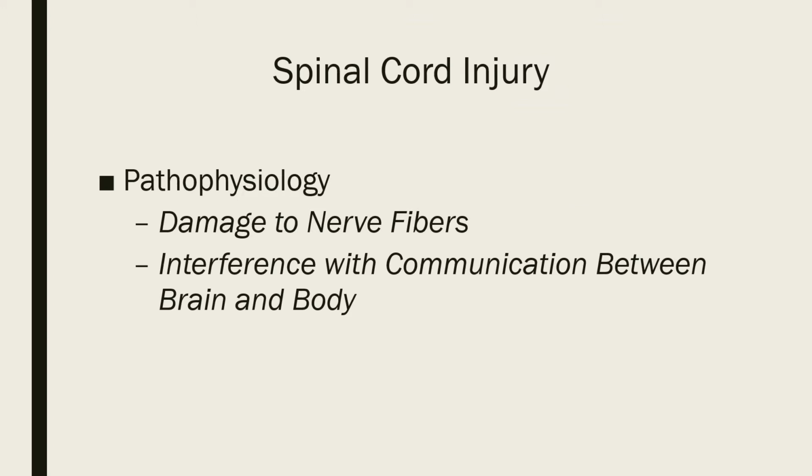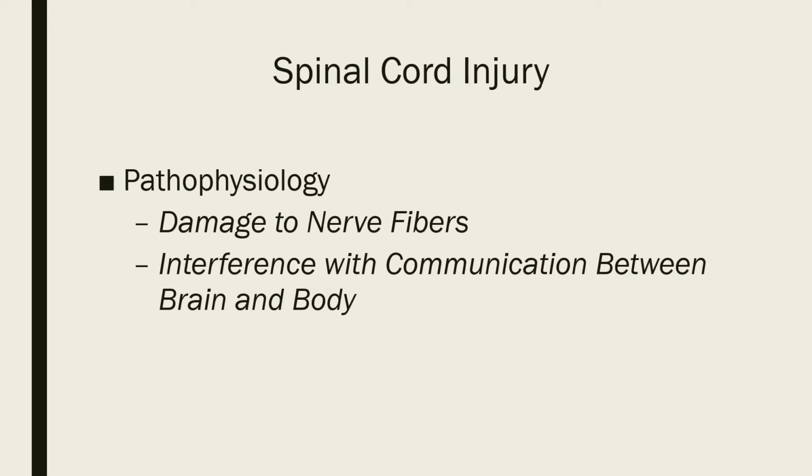First, we're going to talk about general spinal cord injuries. This is damage to the nerve fibers, and it interferes with communication between the brain and the body. This is a disruption in the nervous system function, which may result in complete or incomplete loss of your motor and sensory functions.